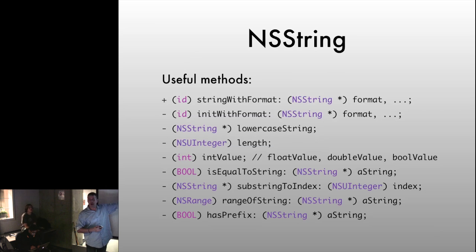The real typical common ones are the class method string with format, where you pass in a format string and you get back an immutable NSString instance. And if you've got an NSString allocated already, there's init with format. It's the same thing as string with format, except instead of getting a copy back, you use the one that you already have. There's lowercase string, a message that you can pass to an NSString, and it'll change all the characters to lowercase. You can get the length of the string with the length message.